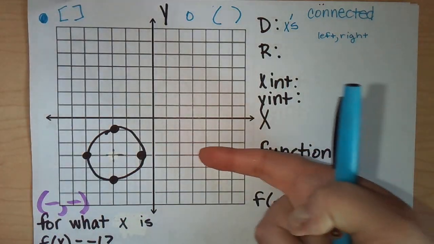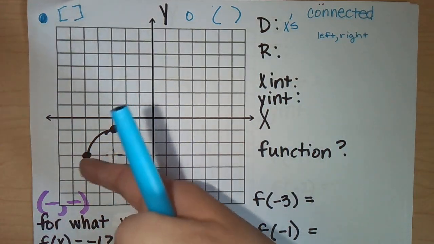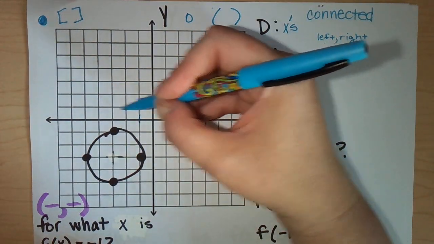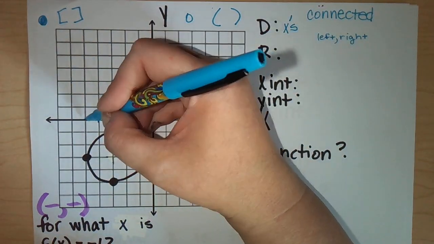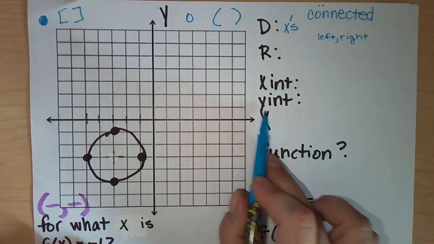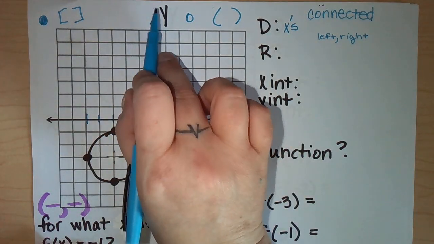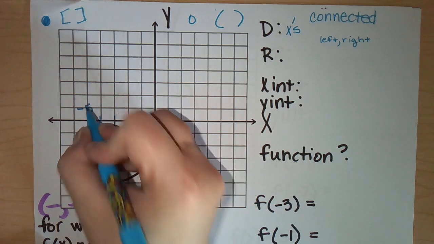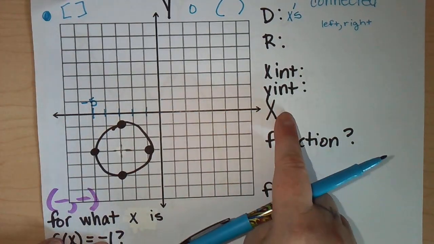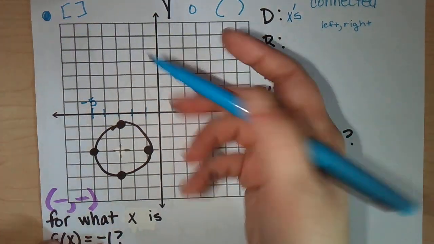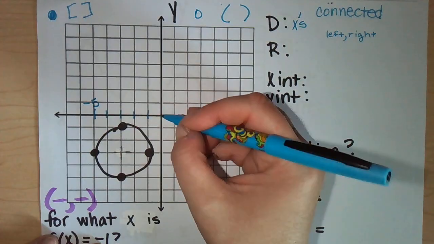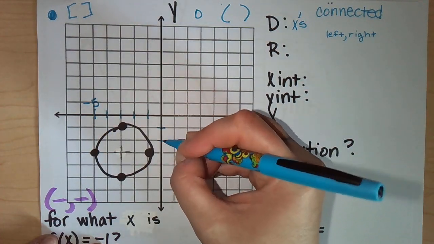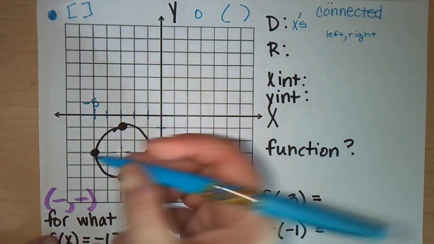Let's see what it is. The leftmost piece of the graph is this dot on the very left. Let's see where that's at. It's at left 1, 2, 3, 4, 5. And remember, we write the x value first, then the y value. So this dot happens at an x value of -5 because it came from the x-axis. And then the y value, how much we have to go down, is -3.